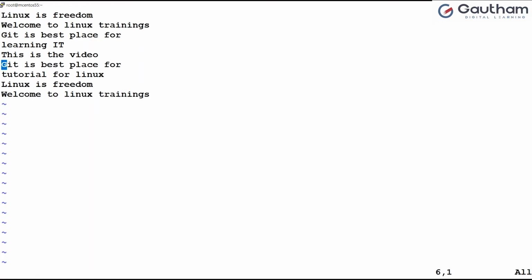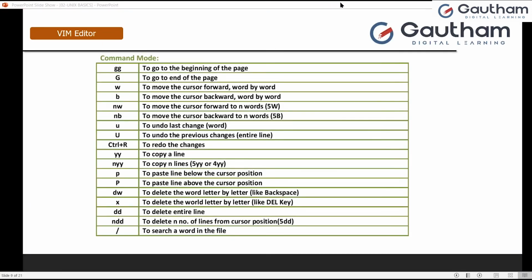You can go with ndd to cut multiple lines also. Let us say I don't want to cut, I want to delete it and I don't want to use it again. So for both cut and delete, we use dd. So what's the logic that one time it works as cut and another time as delete?